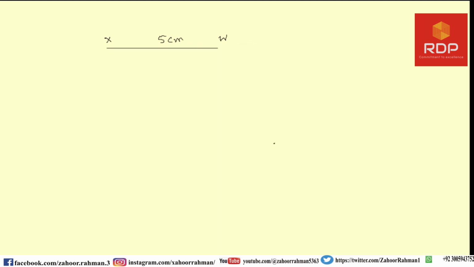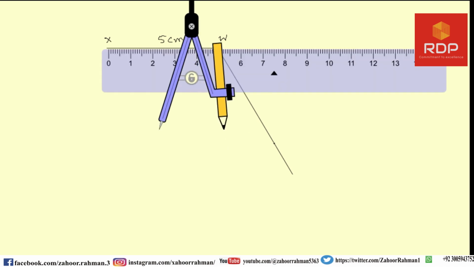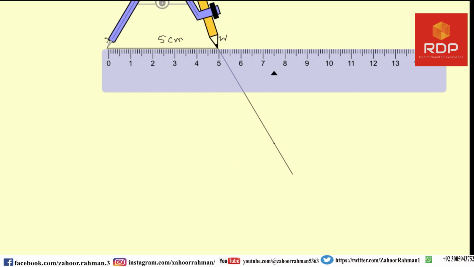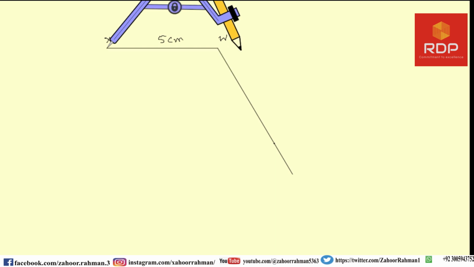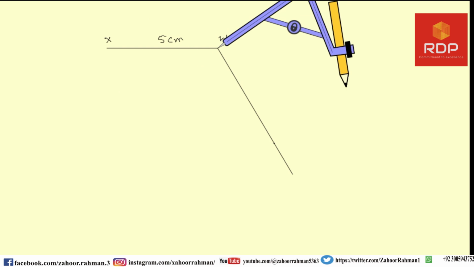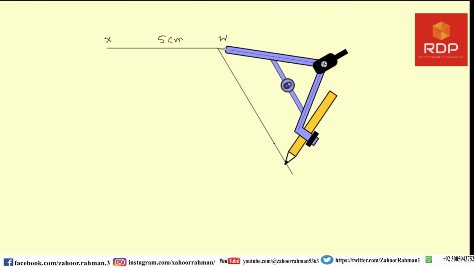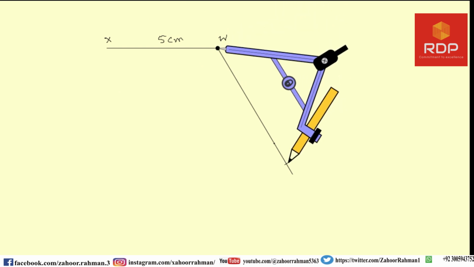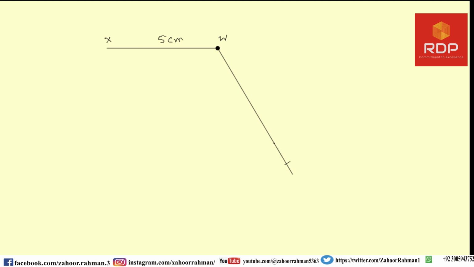Let me connect this point and extend it, and then let us cut 6 centimeter line with this. Let me lock it and remove this, bring this tip here and draw a 6 centimeter line. Let me write it that this is 6 centimeter.